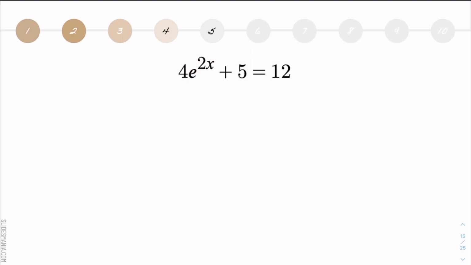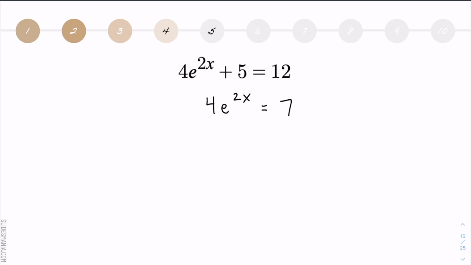We're trying to get x, but we cannot solve for this x until we have isolated first this exponential term and then just the exponential without a coefficient other than 1. So our first step is to subtract 5 from both sides. So when we subtract 5 from both sides, we're going to get left with 4e to the 2x equals 7.